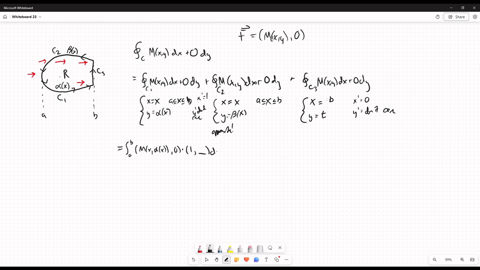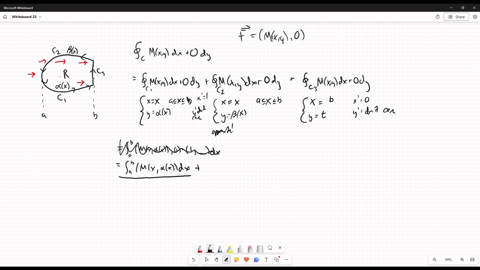I don't really care about the second component for reasons you will see soon, because when I dot these, all I'll be left with is M(x, alpha x) dx, because this will just be plus 0 times whatever the derivative of this is, which I don't care about. So I'm going to kind of just ignore that I wrote that. This is really the part that I'm interested in.